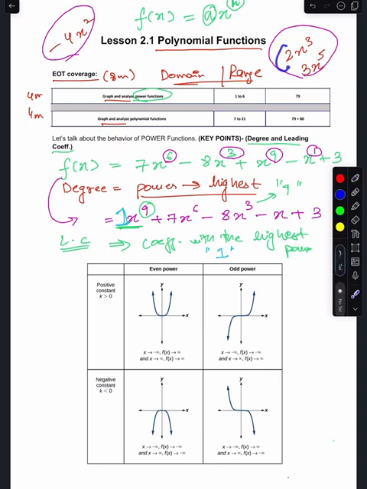Maybe sometimes the number is positive, sometimes it's negative. The coefficient, here it's only one coefficient, so leading and coefficient are the same thing. x power 2, x power 3 and x power 5. So there are cases, and the cases are based on the powers: even power, odd power, and positive number, the coefficient, or negative number.